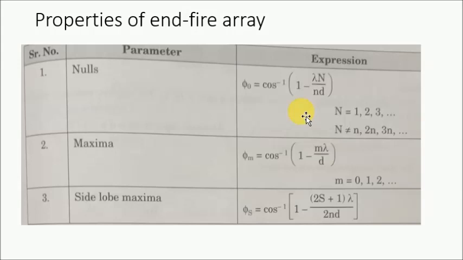So the phase excitation becomes minus pi. If the separation between the elements is lambda by 2, source 2 lags source 1 by 180°, source 3 lags source 2 by 180°, and so on.